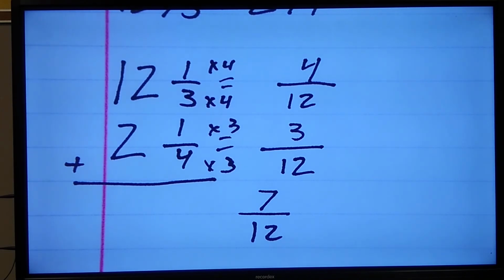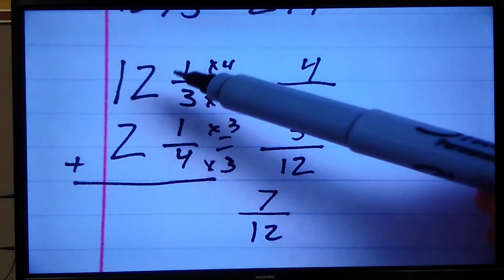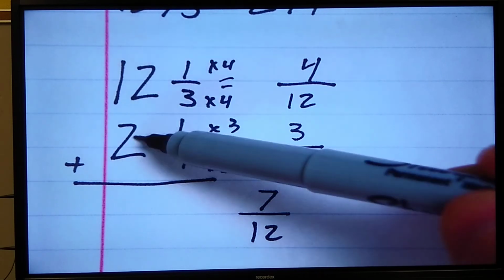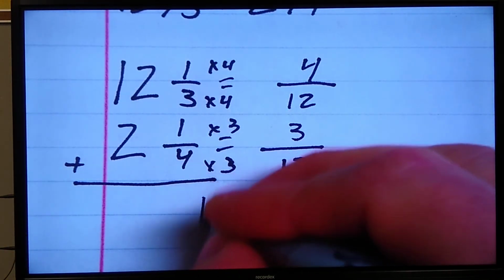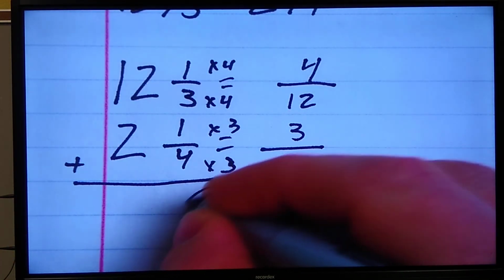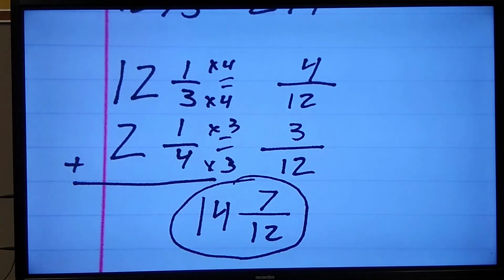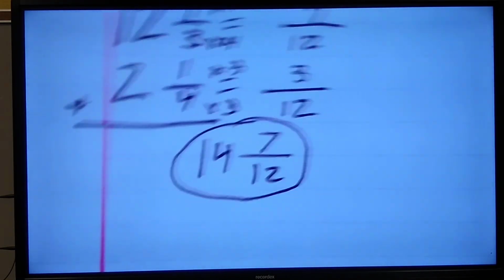Is this an improper fraction? It is not. Is this in simplest form? It is. Now, last step, add all the whole numbers. 12 plus 2 is 14. Your answer should have been 14 and 7/12.